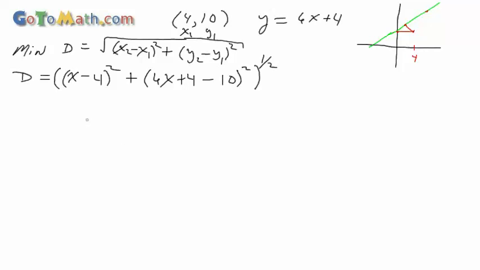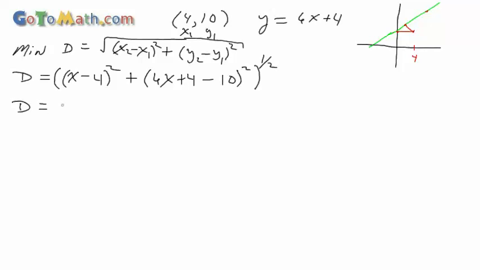Now this is what we're going to be minimizing, and that means we're going to be taking the derivative of it. So I'm going to write d prime is equal to, and actually this needs to be simplified before we do that.